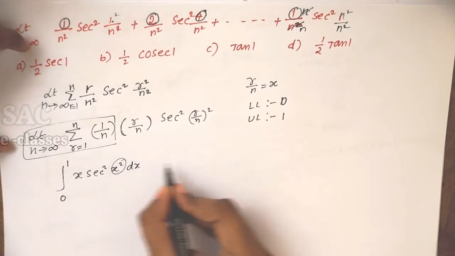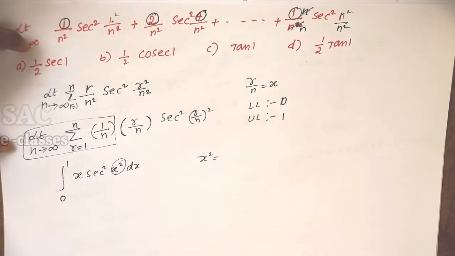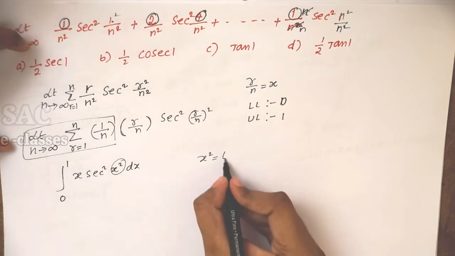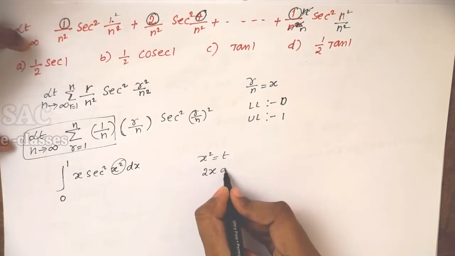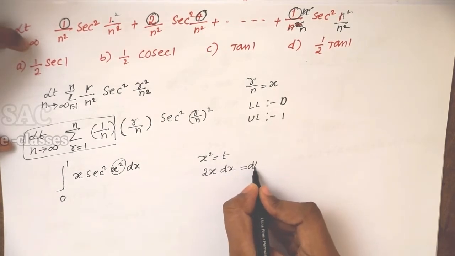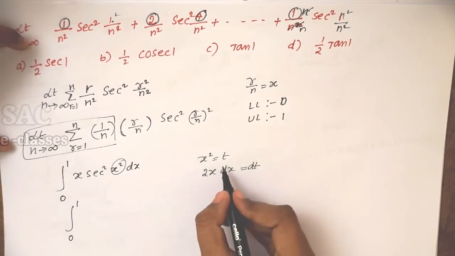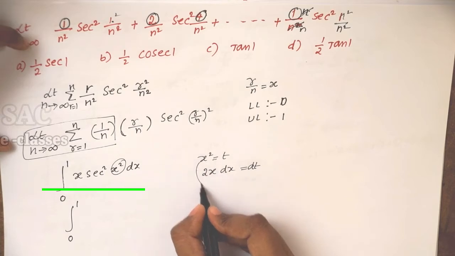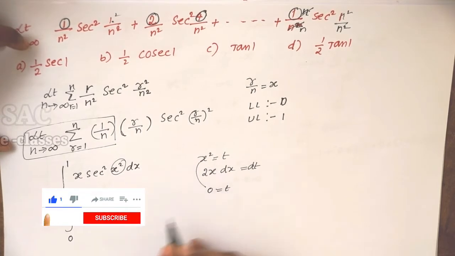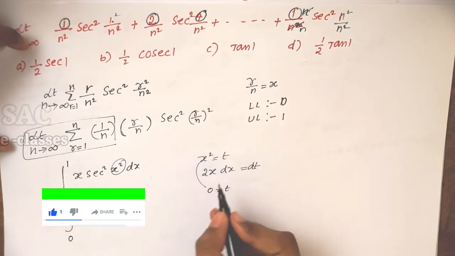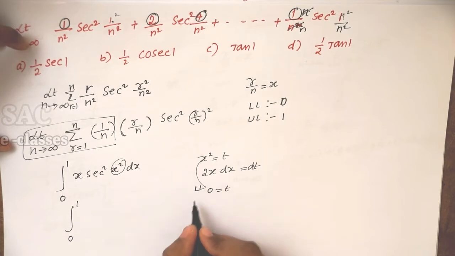Let me assume this x square is some t. You get 2x dx equal to dt. Let us convert the limits. By taking x equal to 0, definitely t is also 0 because 0 square, so the lower limit is 0.